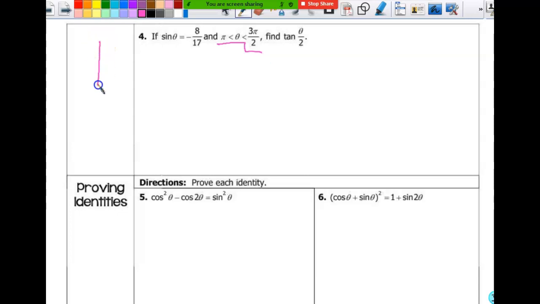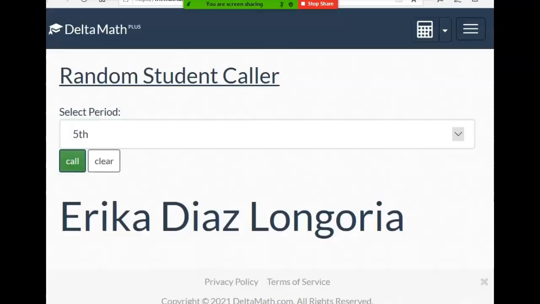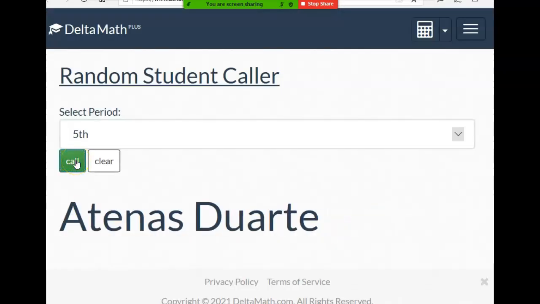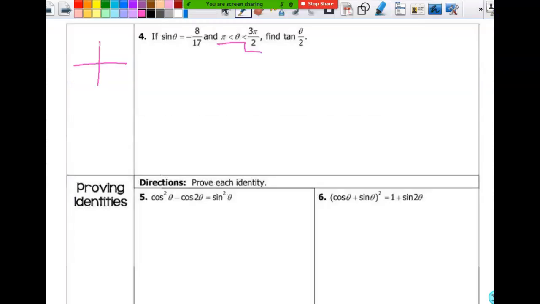So if theta is between pi and 3 pi halves, what quadrant is that, Atenas? The third one? Yes, ma'am. Thank you. So here's my angle. They give me sine. Sine is opposite over hypotenuse. And so this has to be negative.